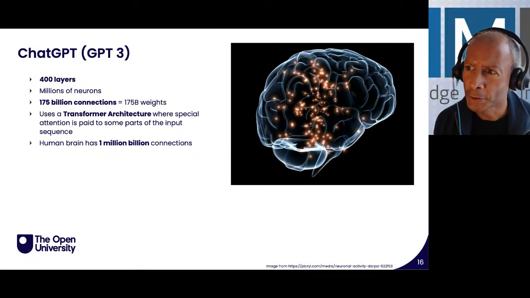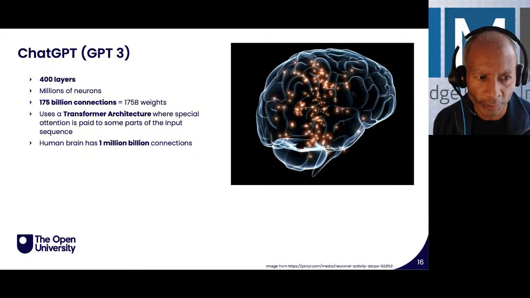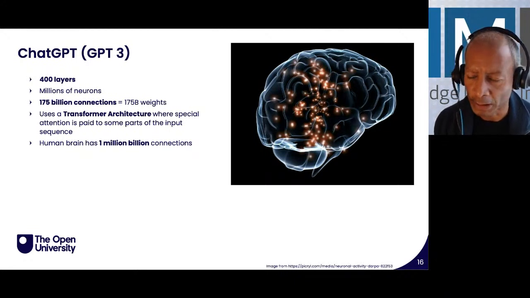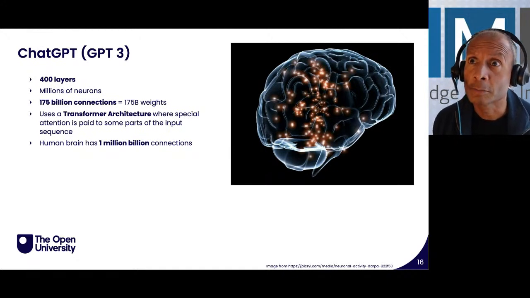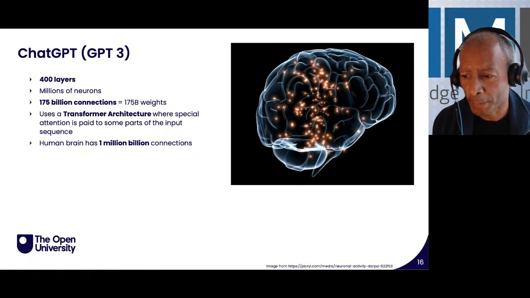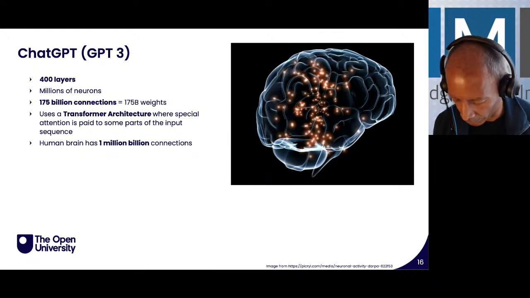It uses a special architecture which came out of Google called a transformer architecture, which just means that special attention is paid to some parts of the sequence. And in comparison, the human brain has a million billion connections. So it's not as big as a human brain, but we're only a few orders of magnitude smaller. And maybe in time there will be parity.